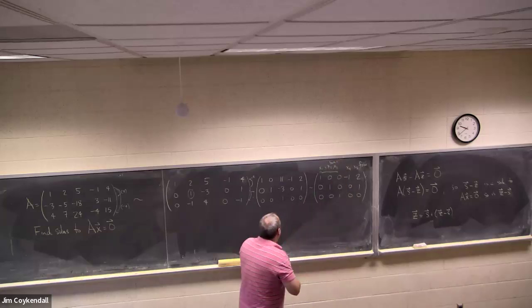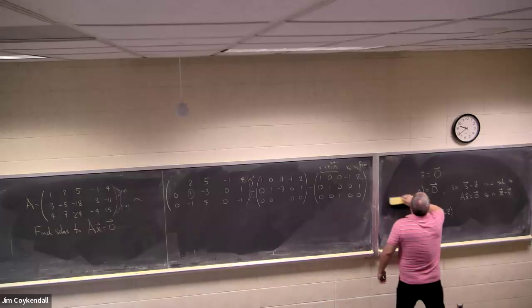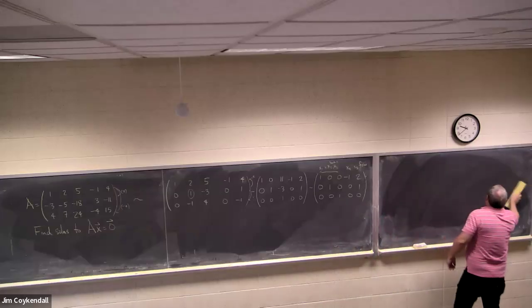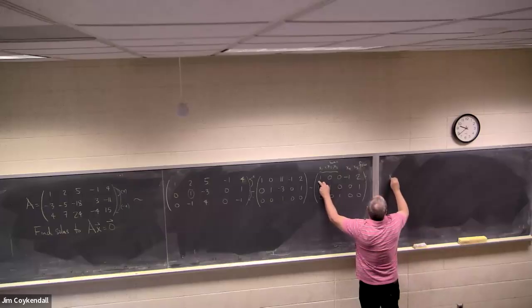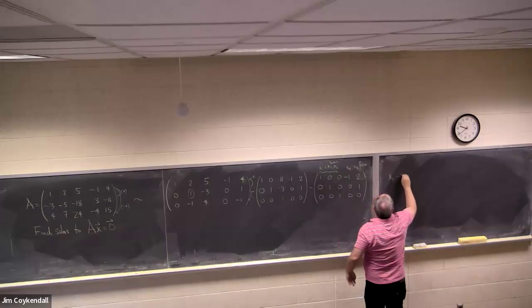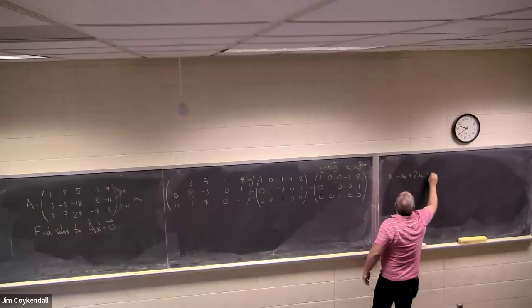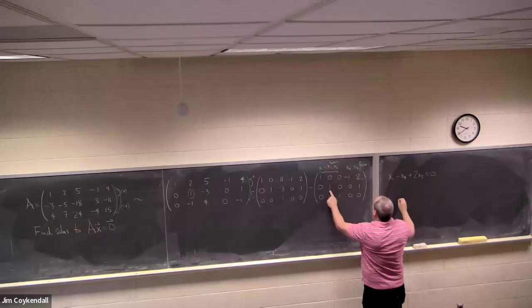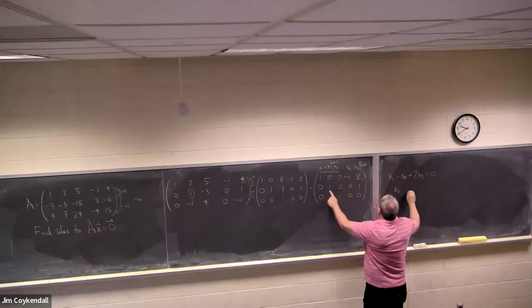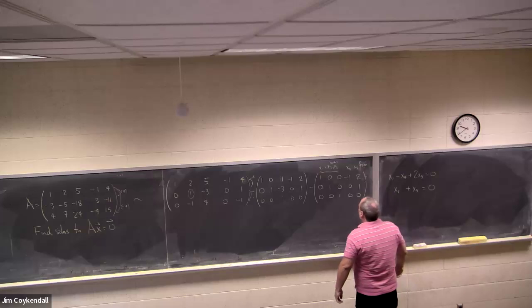Which means basically that my basics should be written in terms of my frees. So let's see what these equations say for us. X1 minus X4 plus 2X5 is equal to 0 because this is homogeneous. And this one is X2 plus X5 is 0.